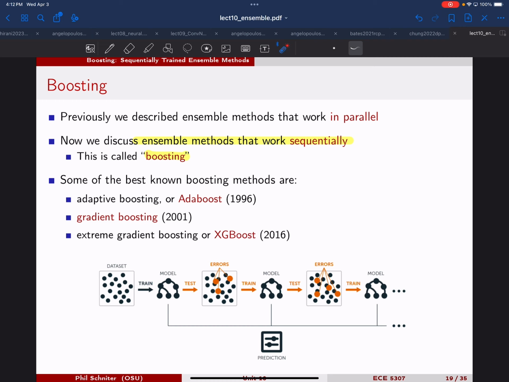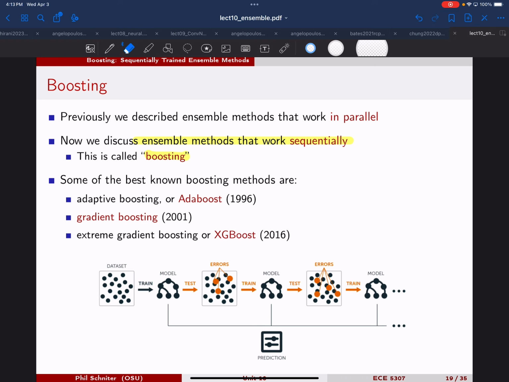And then you say, okay, I'm going to train a new model so that when combined with these models, the result works pretty well, and so on and so on. So you sequentially keep training a base model so that it works well with the boosted model, which is this ensembled version of the previously trained ones. So that's what boosting is.